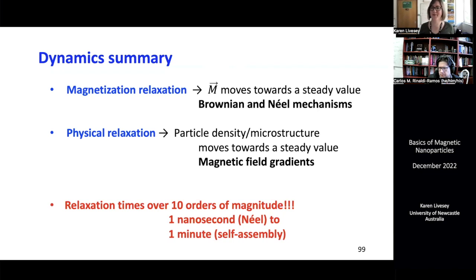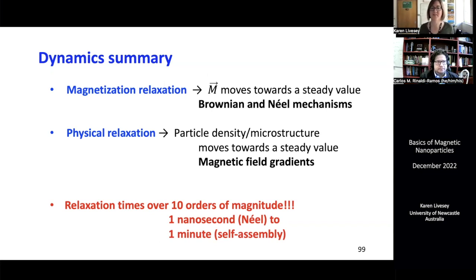One thing I want to hammer home, which I think I've already mentioned, is that the relaxation times go over 10 orders of magnitude. So we were looking at nanosecond relaxation for some particles due to Néel relaxation, and the self-assembly that we see can take on the order of minutes.